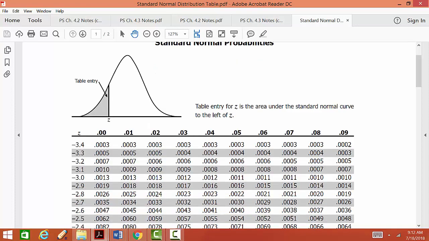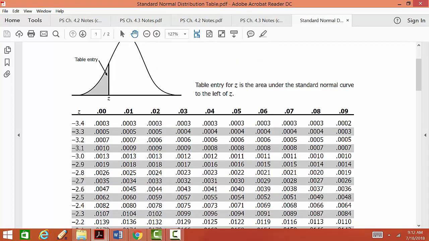So for example, if I want to look up the z-score negative 2.75, I find negative 2.7 and then 0.05 up here. So negative 2.75 is going to be right here. The area to the left of negative 2.75 is 0.0030, or 0.3%-ish. That's what you do. You look it up. There's no way to really calculate it.